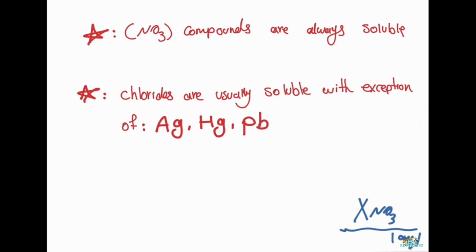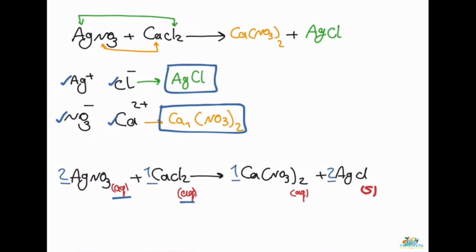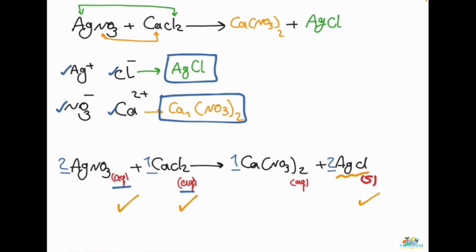The other thing, chlorides are usually soluble with some exceptions. If chlorides are with Ag, Hg, or lead, these compounds will be insoluble. Here we have chloride, but it's one of those exceptions. It's with Ag, silver, so this is the solid compound. We had two aqueous and a solid, so it means a precipitation reaction.